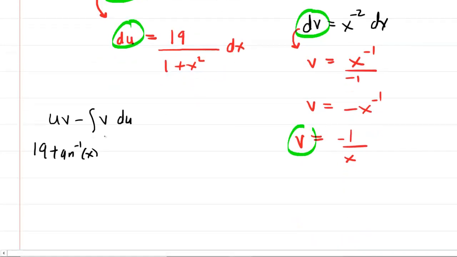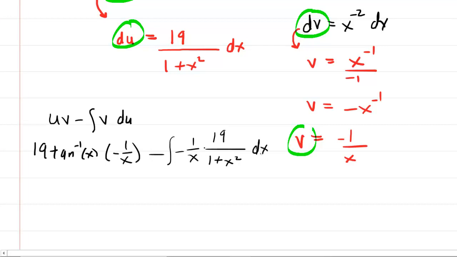I guess for now we'll just say negative 1 over x, but then we'll simplify it later. And then minus the integral of that same v, so negative 1 over x times our du. And our du was 19 all over 1 plus x squared dx.